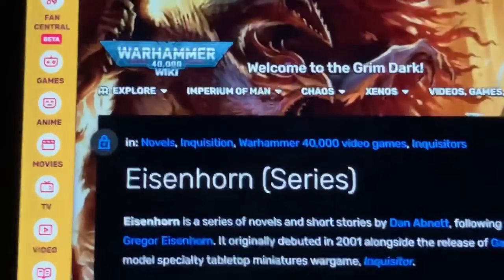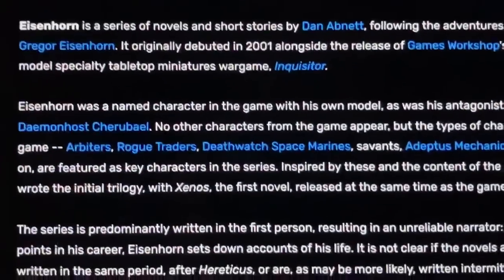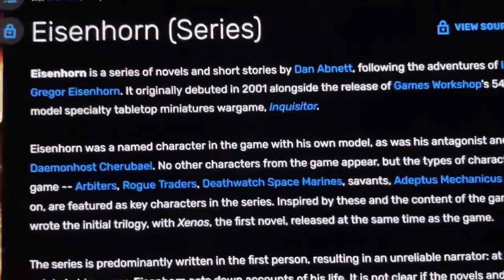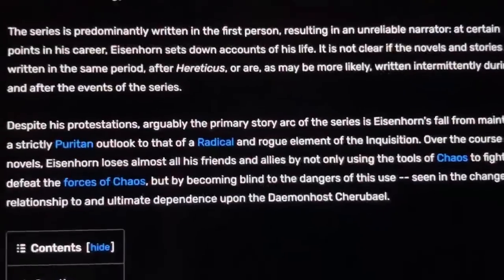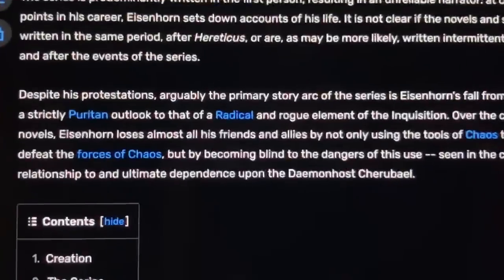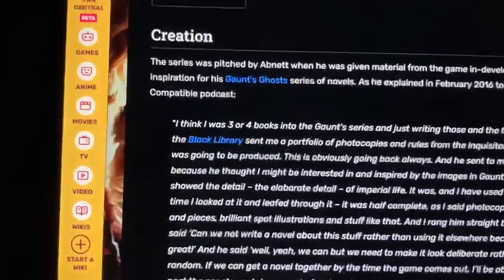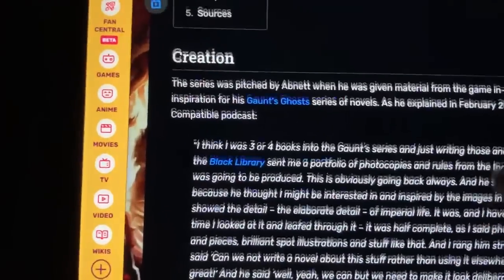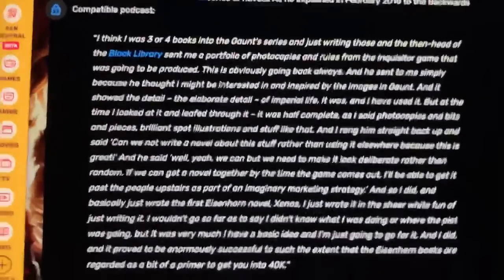In this Eisenhorn series, what happened is AI came into this space, and if you read the creation of it, it talks about chaos or radical and stuff. I'm not going to read it. I heard about it.